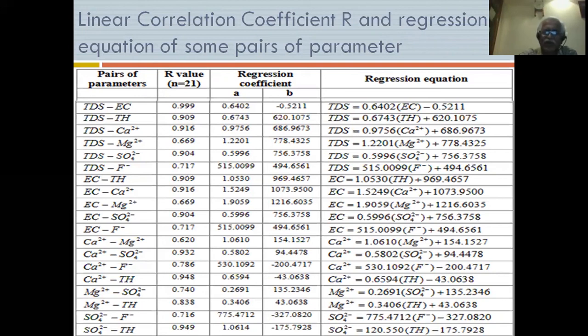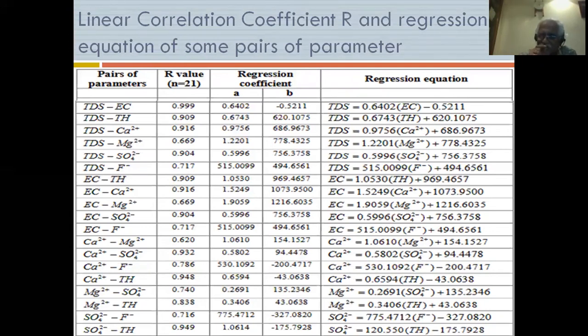TDS 0.99, TDS is Y and EC is X. Now, something is coming down from the x-axis, that is 0.52, and this intercept is negative. Why is it negative? Because TDS also contains volatile dissolved solids, which are not reflected in the EC.